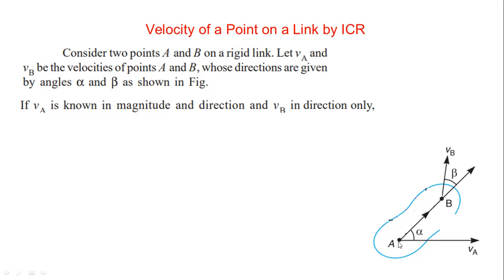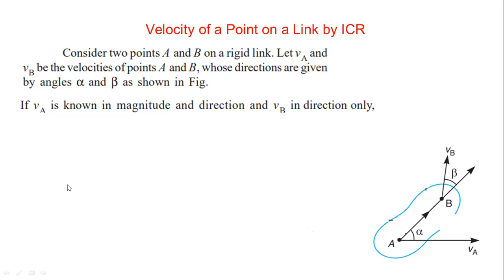The velocity at point A is moving in this direction and the velocity of point B is moving in this direction. The velocity at point A makes an angle alpha with the line joining A and B, and similarly the velocity of point B makes an angle beta with the link AB.